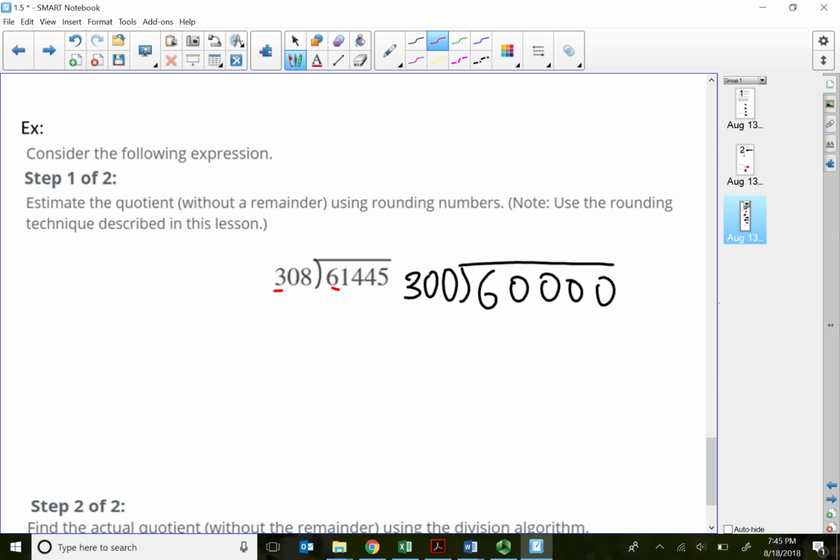So 300 goes into 600 about 2 times. So that's 600. The other 2 places, the tens and the ones place, will be filled in with zeros, because if you brought it down, that would still be 0 times. So my estimated quotient is about 200.